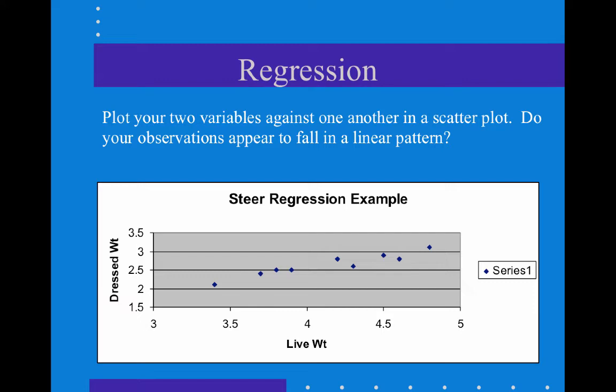The next step in a regression analysis is that we plot our two variables against one another in a scatter plot. Down in this figure, we would plot our live weight against the dressed weight for that individual animal. Once we get the scatter plot established, we can ask ourselves: do our observations appear to fall in a linear pattern?